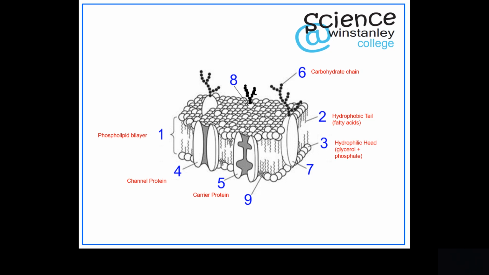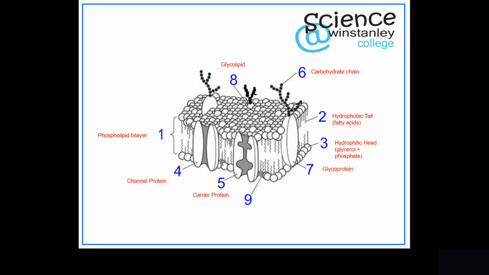The carbohydrate chain is sticking off the big molecule that is number 7. A carbohydrate chain is the structure attached to a glycoprotein. Number 8, the carbohydrate chains can also be attached to one of the phospholipids. In number 8, we call this structure a glycolipid.